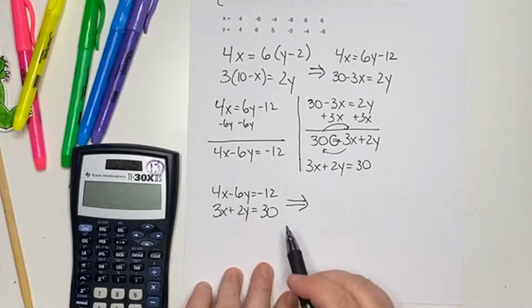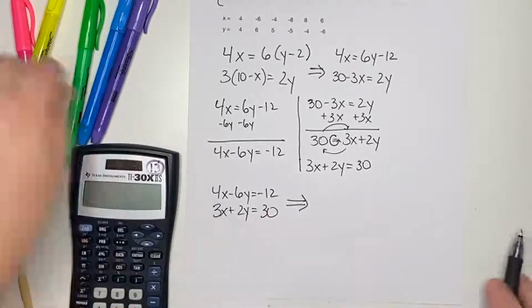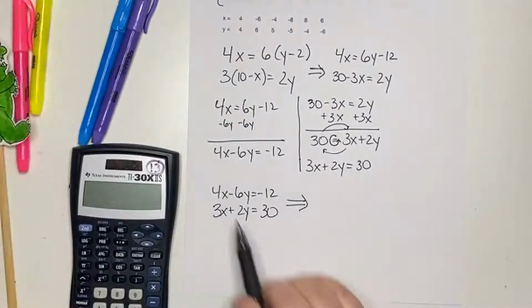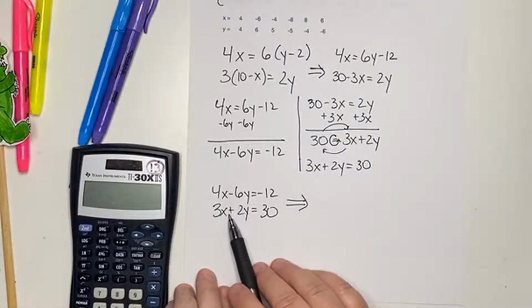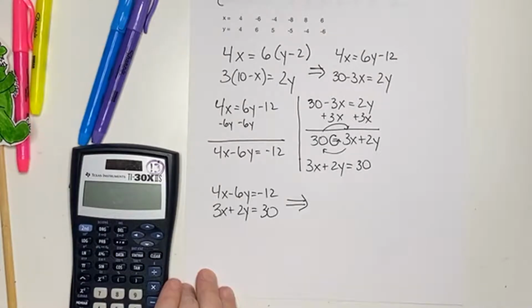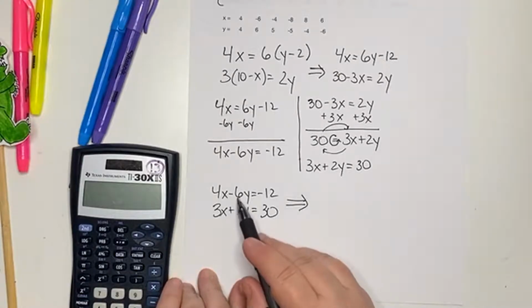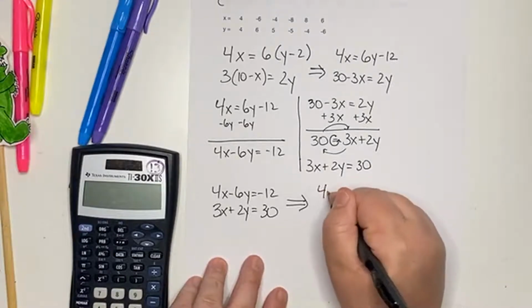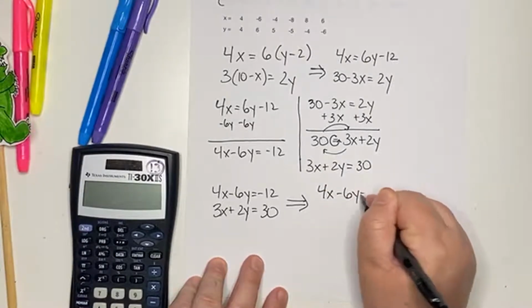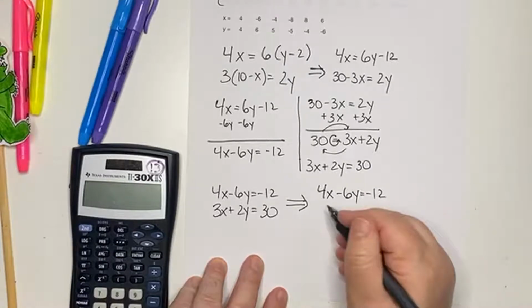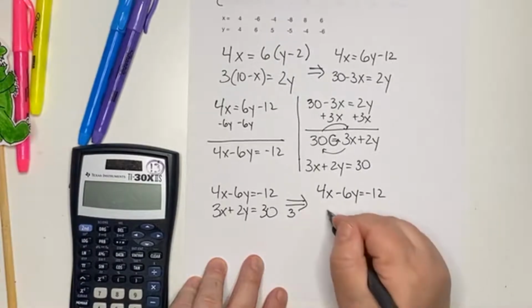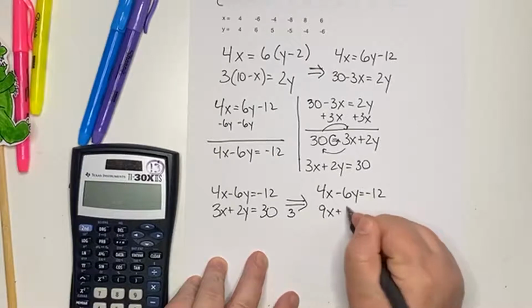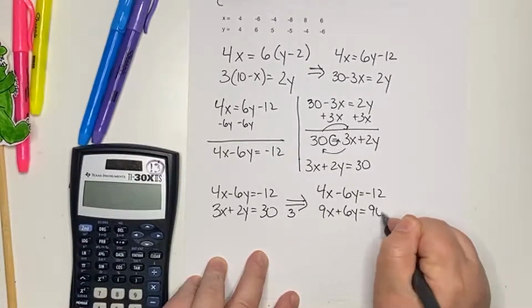I am yet again going to cancel the y's because in this case, the y's again have a minus and a plus. And I realize that 6 and 2 both go into 6. So in fact, I'm not even going to change the first equation. The first equation is going to look like this. On the second equation, I'm going to multiply by 3, so I get 9x plus 6y equals 90.